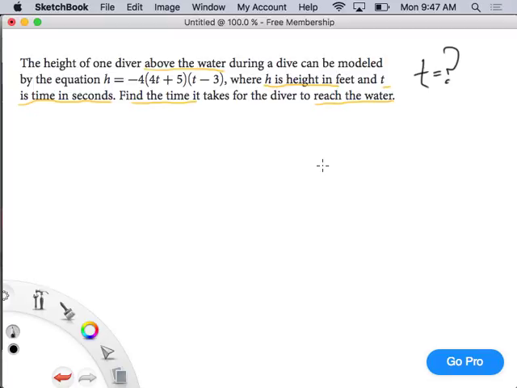H is the height above the water. Well, what's his height above the water when he reaches the water? 0. So we know at this time that we're looking for, h is equal to 0. Very good. So that's the information we've got with our equation, and we know we're looking for t. So what should we do with that h equals 0?